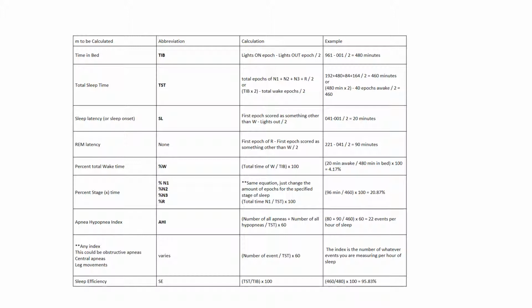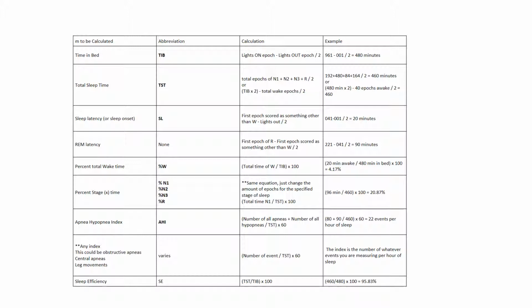So here in the example, the patient went into REM sleep at epoch 221 minus epoch 41, where the patient first fell asleep. Divide that by 2 for a REM latency of 90 minutes, and that is about a normal REM latency, anywhere from 60 to 90 minutes.